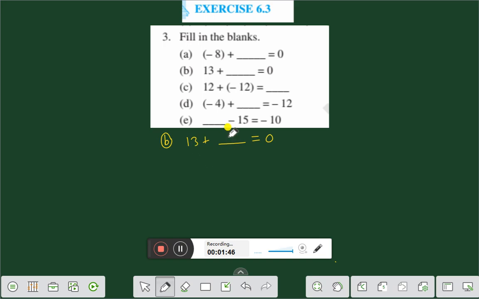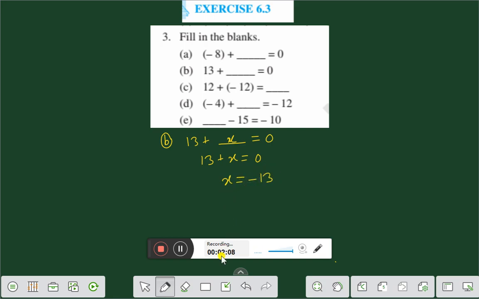Therefore, let us take the value of dash as x. Therefore, it is 13 plus x is equal to 0. Therefore, you can say x is equal to, on the left side is plus, and on the right side it is minus 13. The value of x is minus 13.